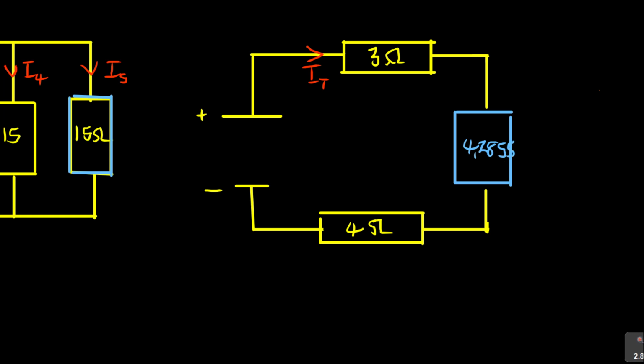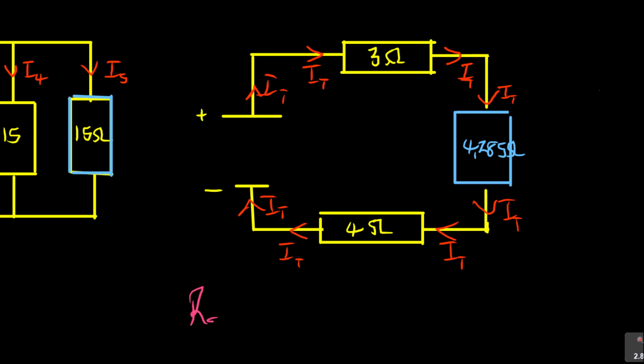So here I got 4.285 ohms. Now look at the current. The current enters as IT, coming out is IT, going in is IT, coming out is IT. It's just that same current, meaning they're in series. So the answer is there now.